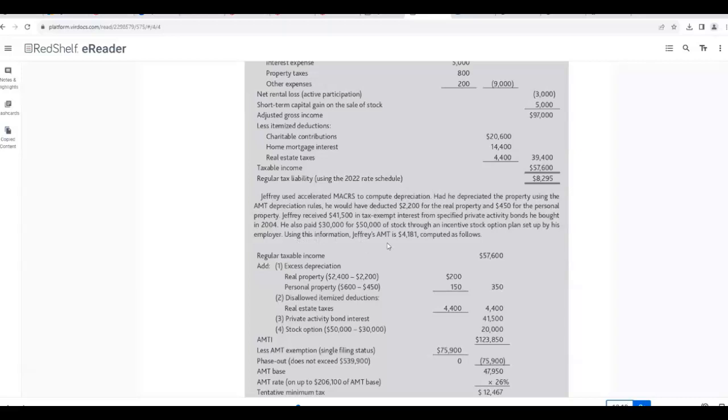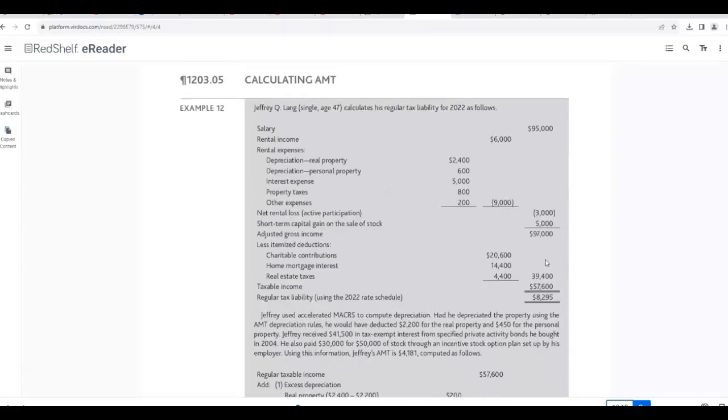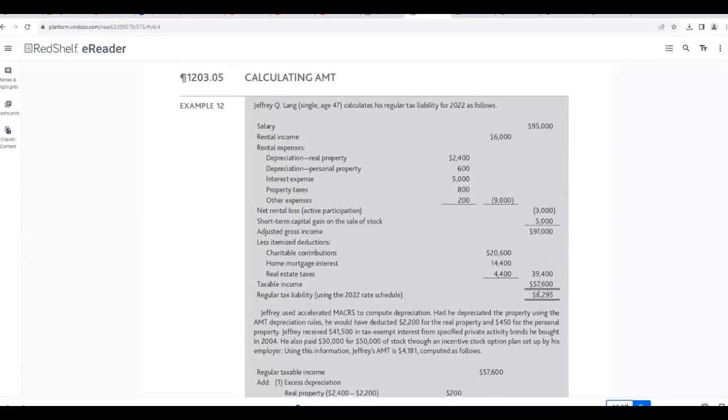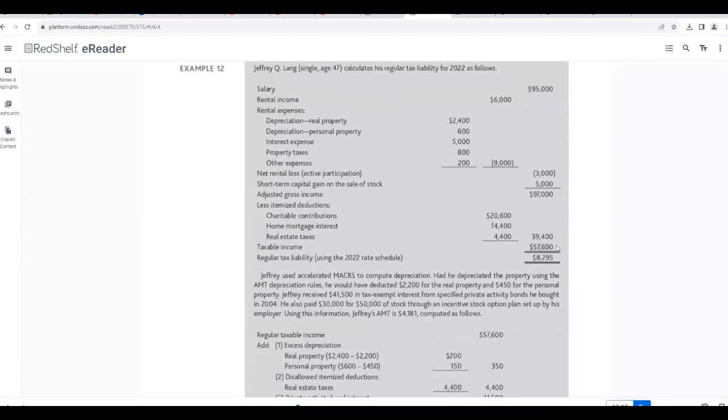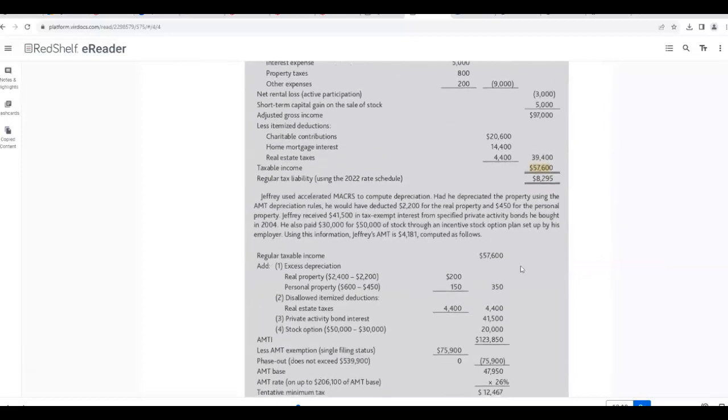Using this information, Jeffrey's AMT is computed as follows. Regular taxable income is $57,600. You see that right there? Okay, take that and put it right there. You add the depreciation first, excess depreciation.